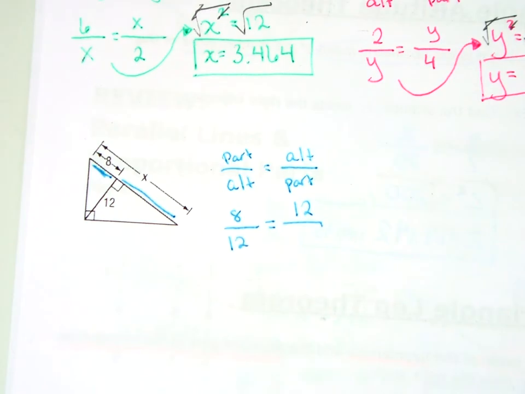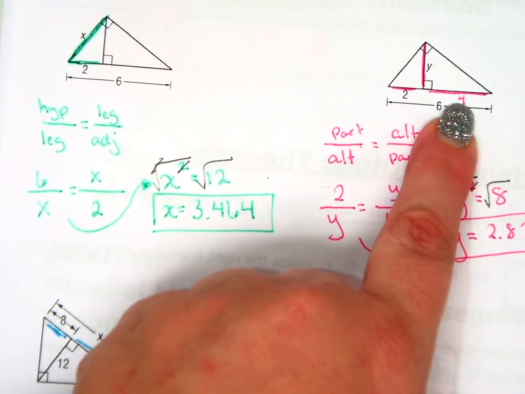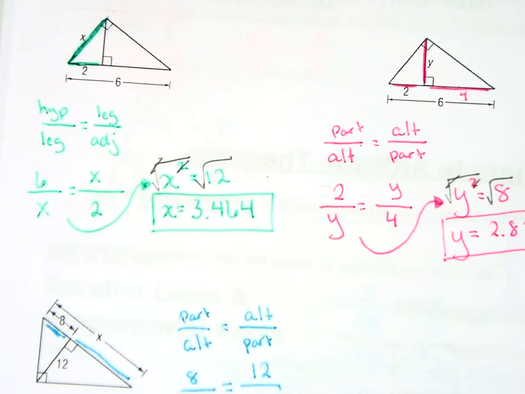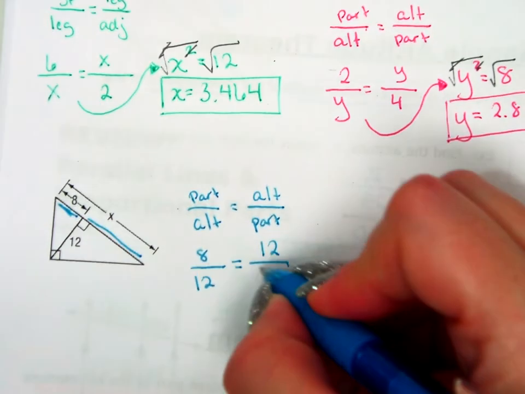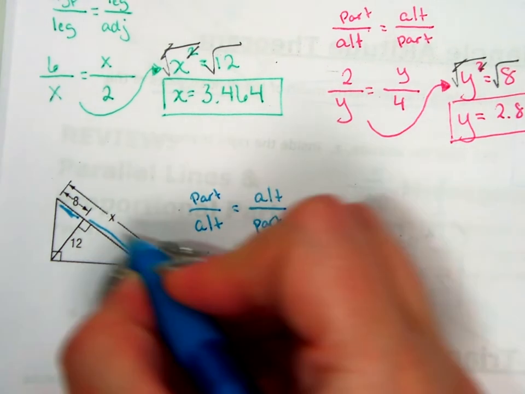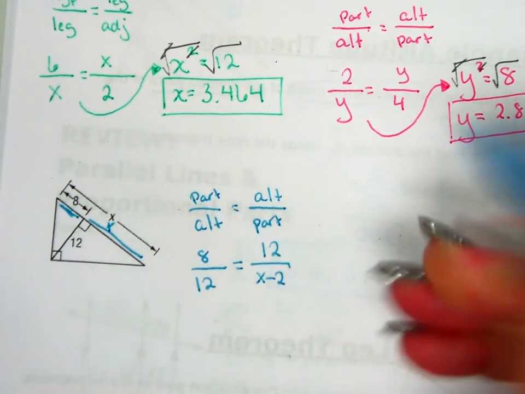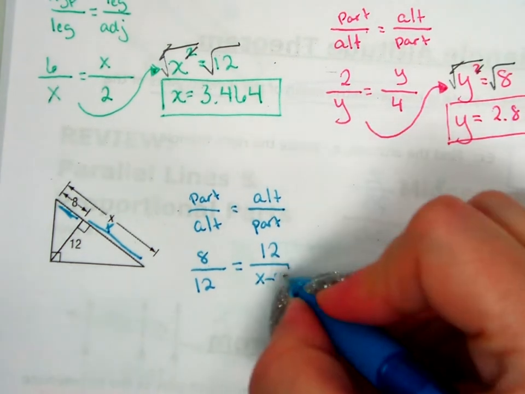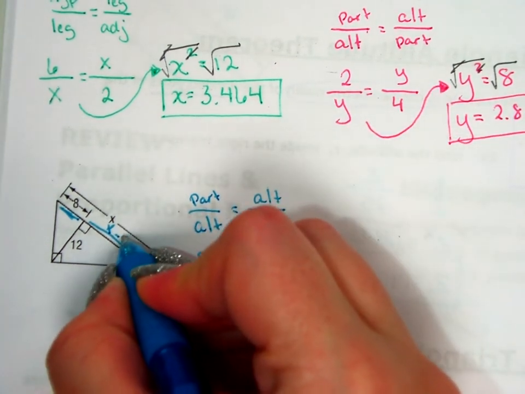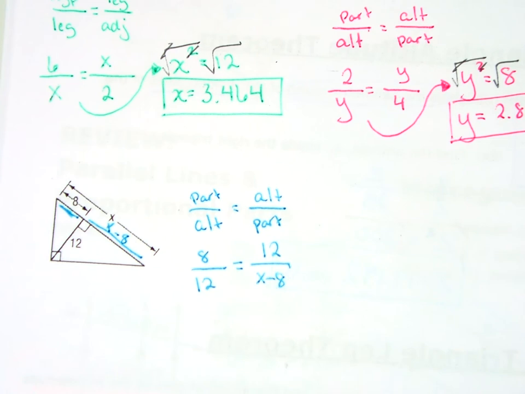How do I describe this part? When you were up here, how did you figure out this was 4? What did you do? You did 6 minus 2. So if I know the hypotenuse, I take away the part that I know. Not 2. It's the hypotenuse minus the other part, 8. Does that make sense? Okay.